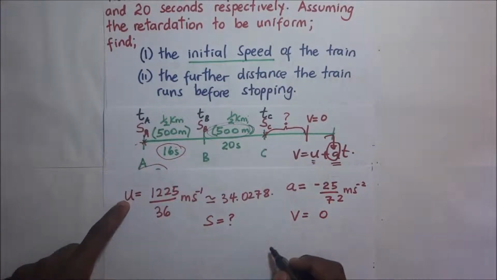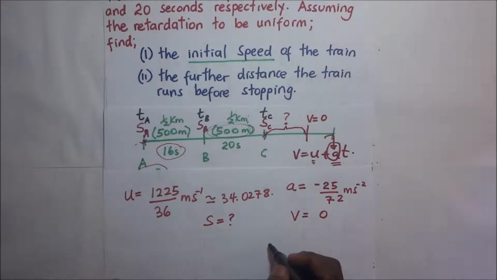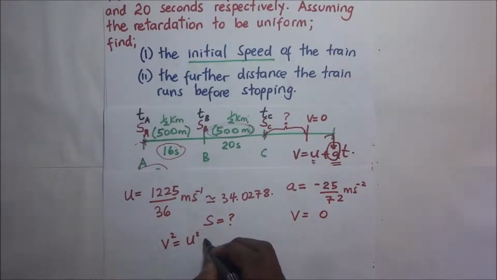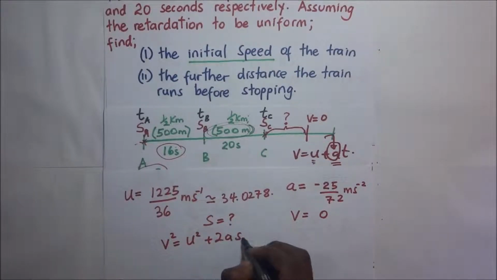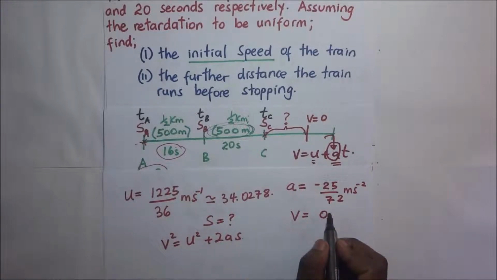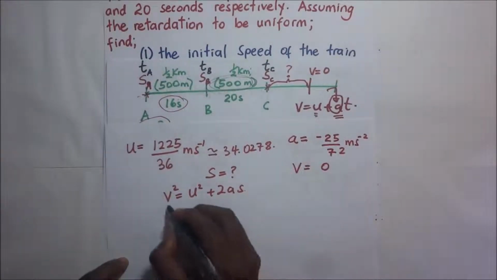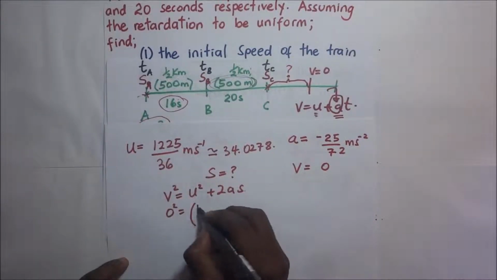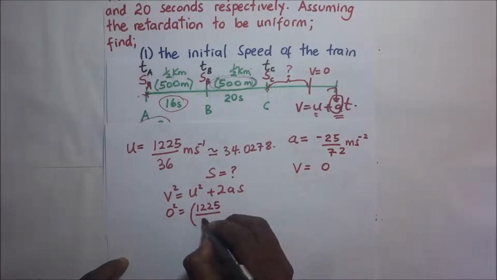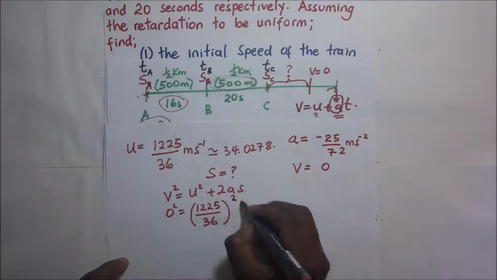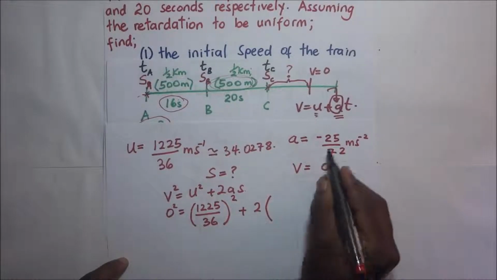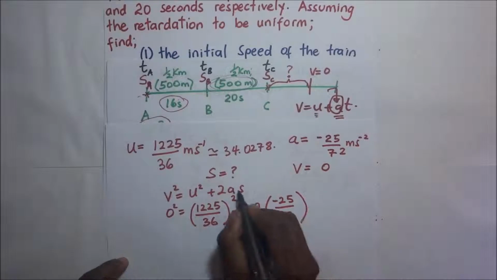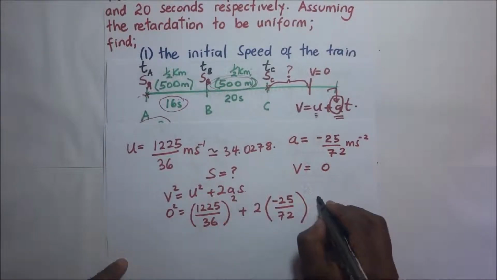If we use our third equation of uniform acceleration motion, v squared is equal to u squared plus 2as. Our final velocity v is 0, so 0 squared is equal to the initial velocity u squared, which is this, and I'll plug in the fraction to preserve my accuracy, plus 2 times the acceleration, which is minus 25/72, times the distance traveled, which is s.